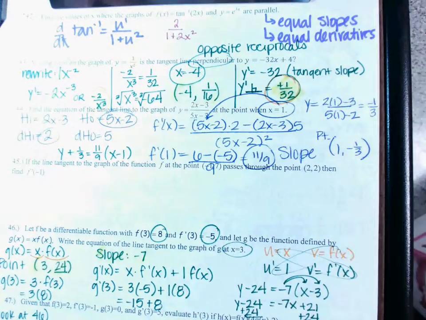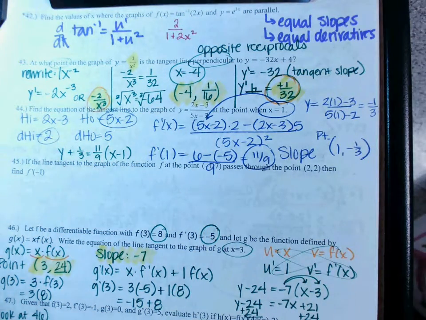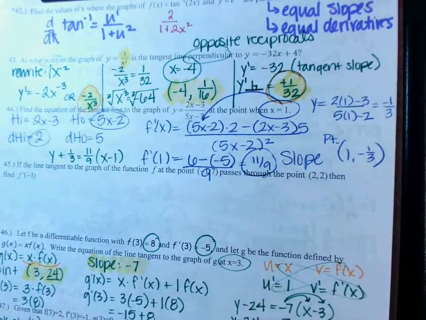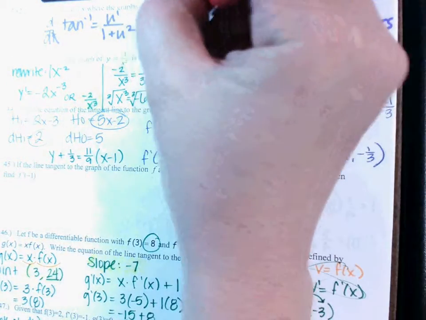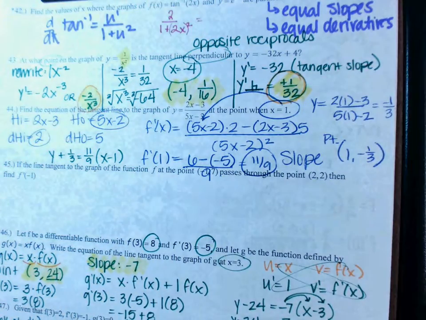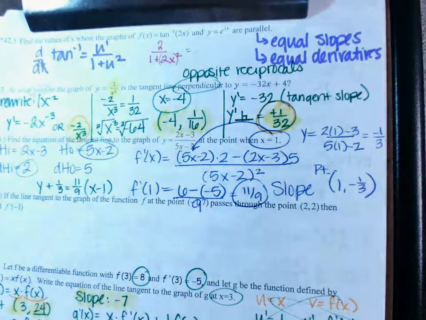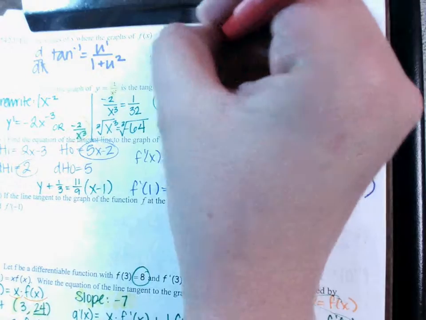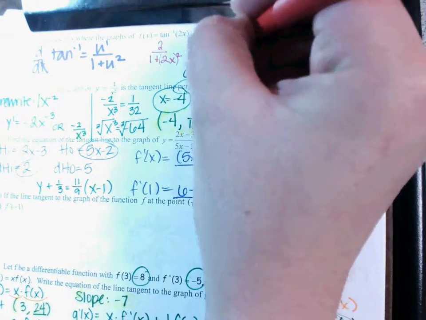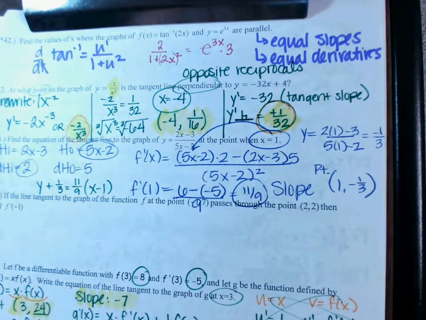Is that right? No. What is wrong with what I wrote? Parentheses. Okay, equals. What is the derivative of the e function if it's e to the 3x? E to the 3x times 3. And then how would you solve that? What did I make you pick up?